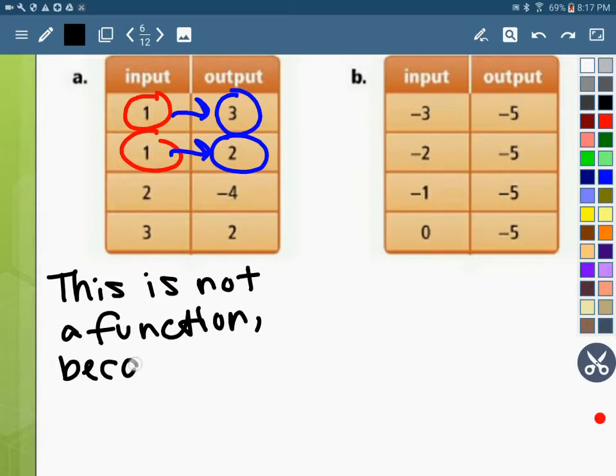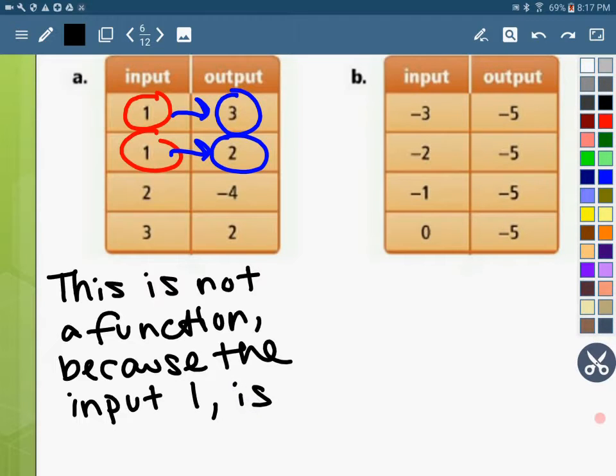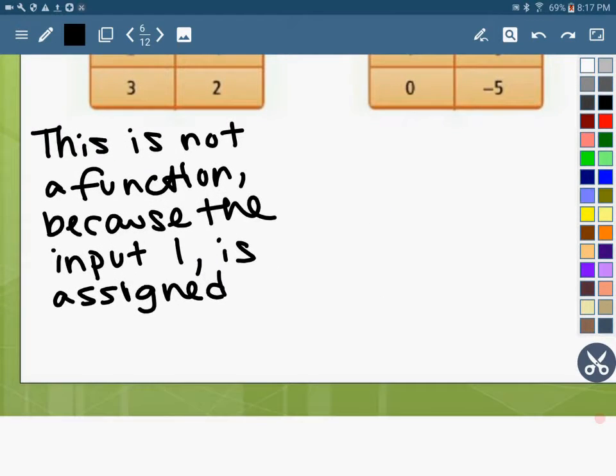because the input 1 is assigned two different outputs.